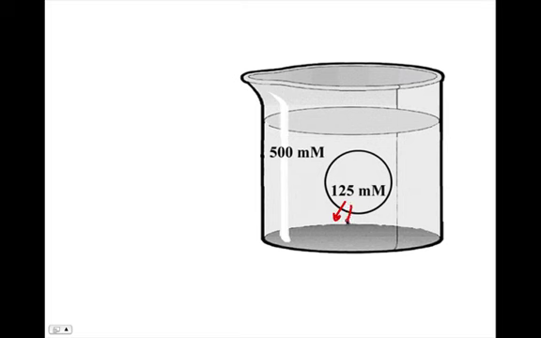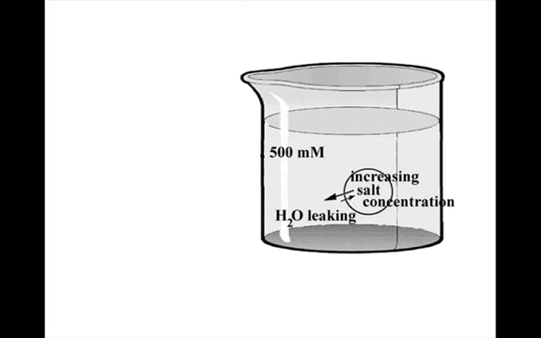There's water leaking in and out of the membrane. But because there's more salt on the outside, water will diffuse out of the cell, out of this membrane-bound cell, faster. And as it diffuses out, the membrane is going to shrivel and get smaller. And as it gets smaller, the salt will start increasing in concentration on the inside. And that just happens by diffusion of water leaving the cell, and as it leaves the cell, the salt concentration will increase.